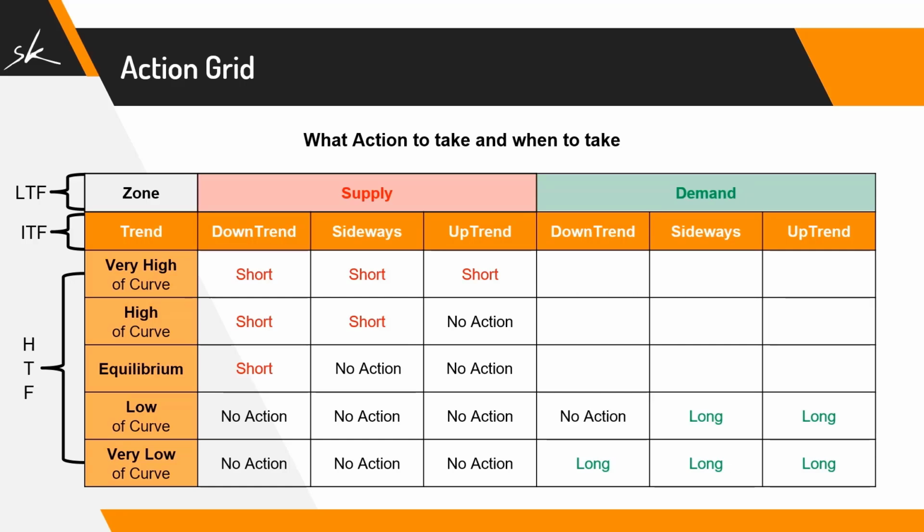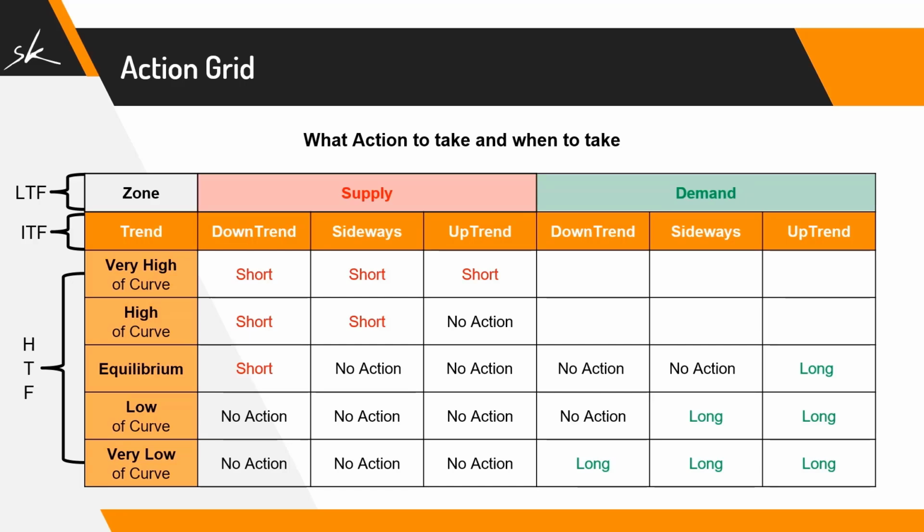When a demand zone is located at equilibrium location, we are neither close to higher time frame demand nor to higher time frame supply. We will take support from the trend. Our action will be to go long if the trend is an uptrend, no action if the trend is sideways, and no action if the trend is downtrend.